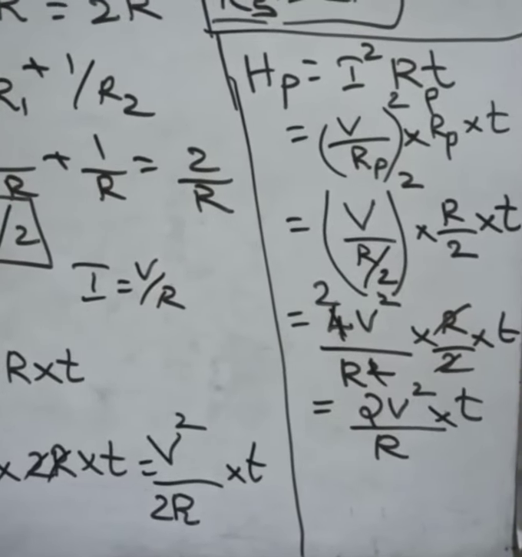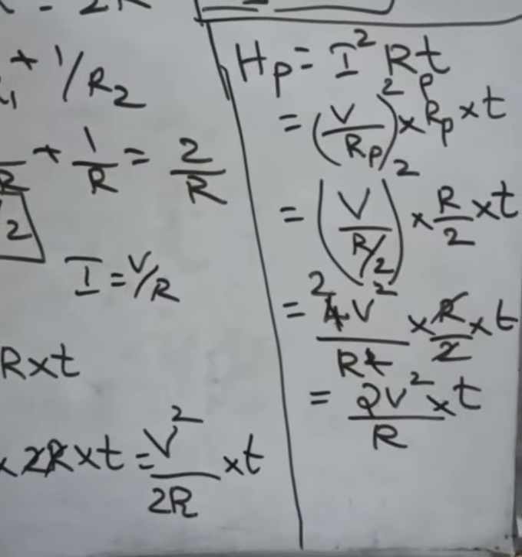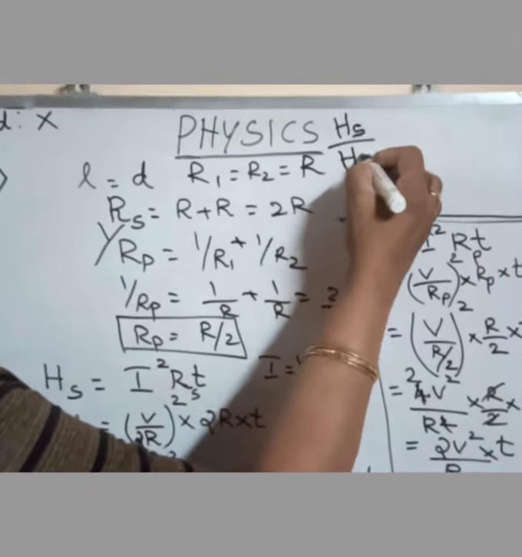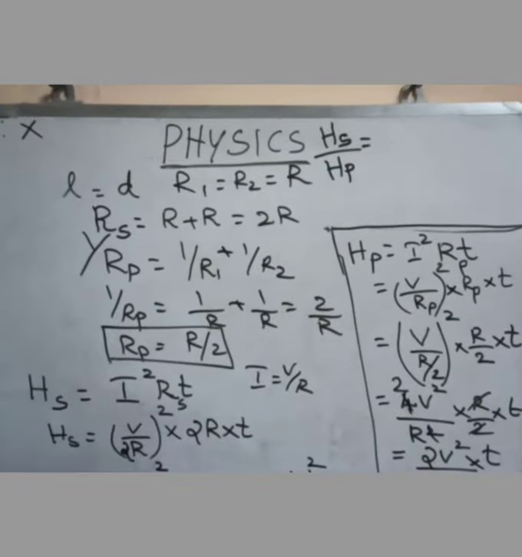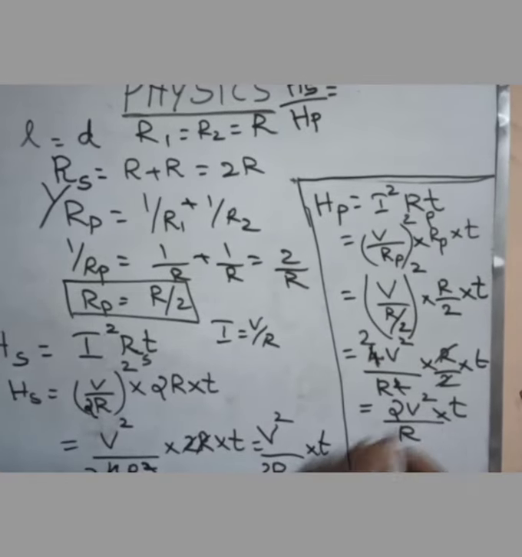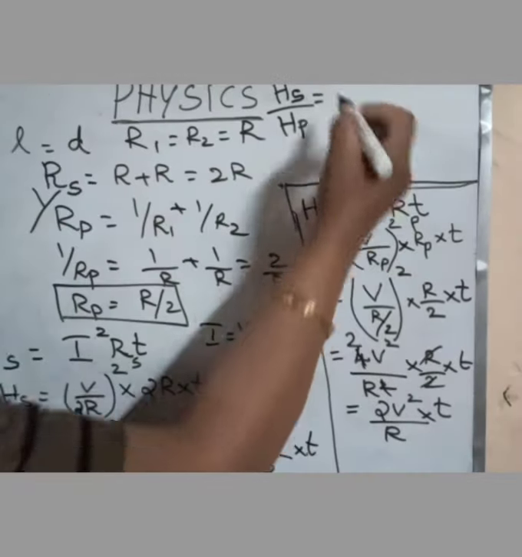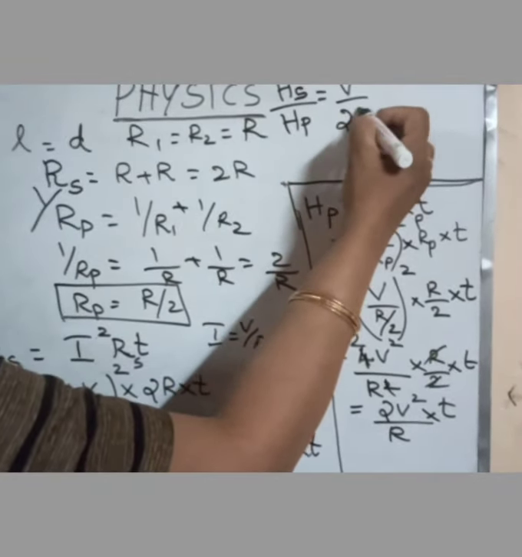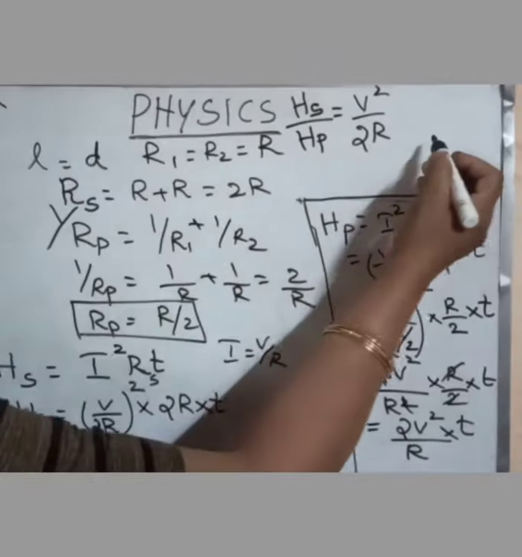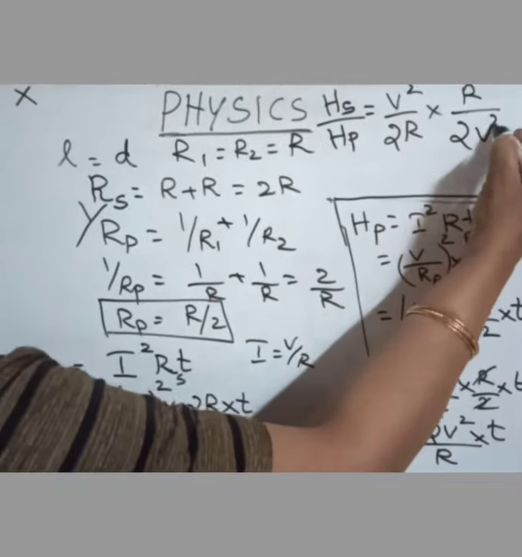In this formula we have to find out the ratio of HS by HP. We have to find out the ratio of heat produced in series to parallel combination. Series, what is it? V square by 2R into T, and 2V square by R. T will go off, okay. So I am not writing T here, T will go off. V square by 2R, so here you have to take just the reciprocal. Divided by 2V square by R means into R divided by 2V square.